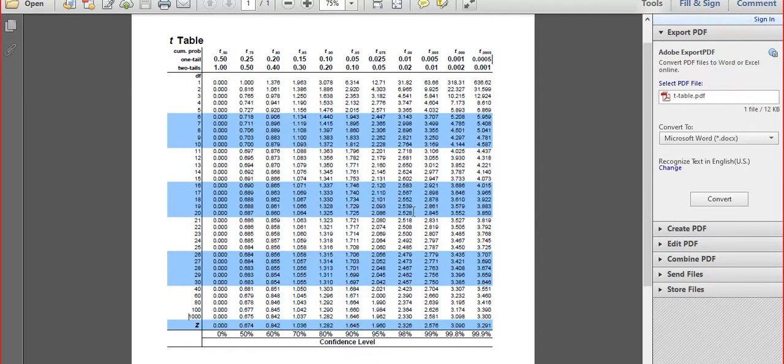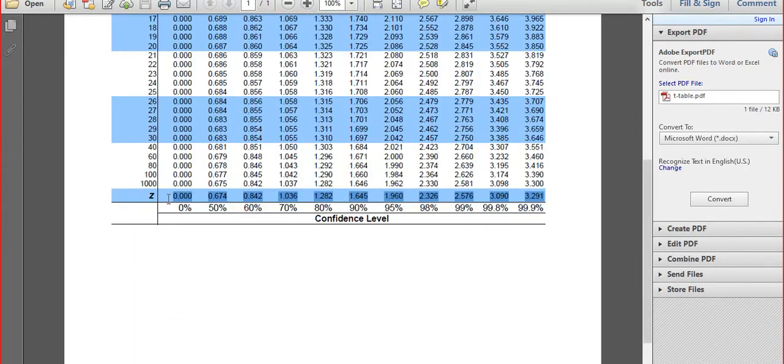The t values I will explain later; first I will explain the z values. The z value will be one of these numbers that you have to select. How do you know which value you have to take: 0, 0.674, 0.842, or 3.291?